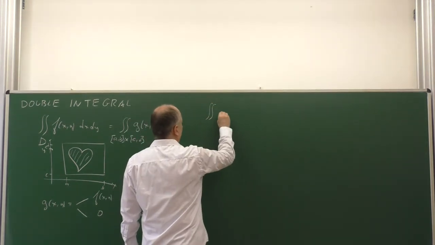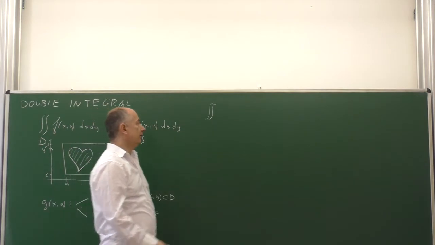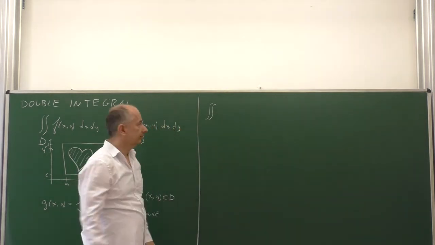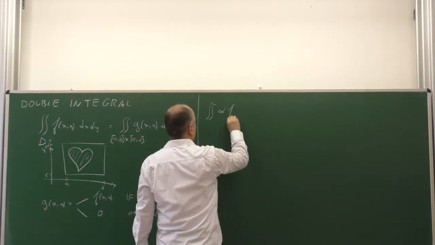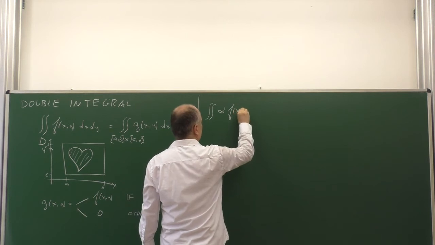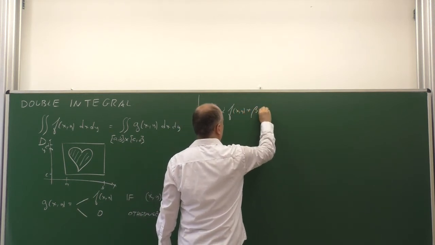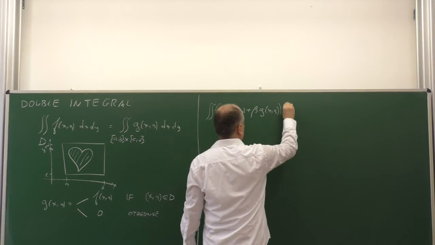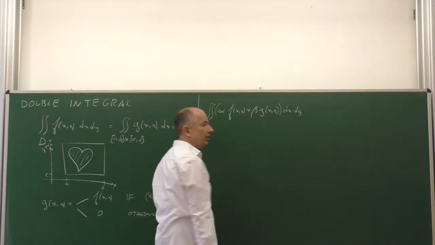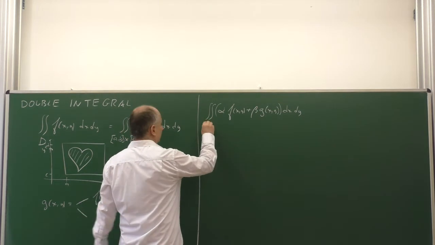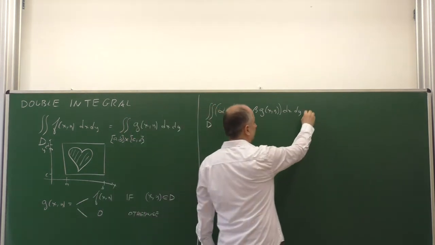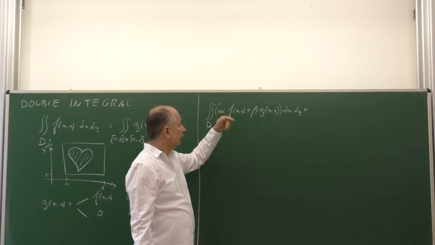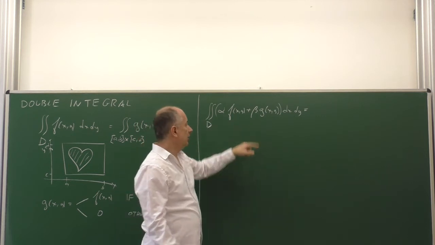First, if we have two functions, say f and g, not this one, just a completely new story, and we multiply one of them with some constant alpha and the other function with some constant beta, and we integrate over some set D. Then, no big surprise, this is equal to the linear combination of integrals of f alone and g alone.